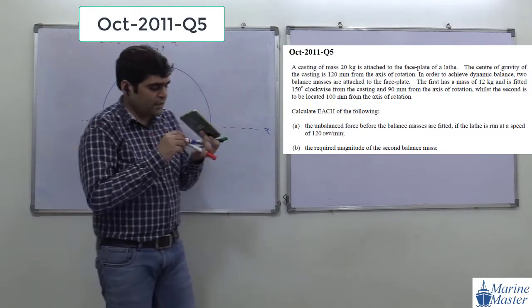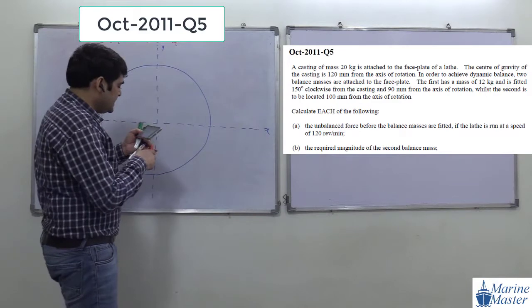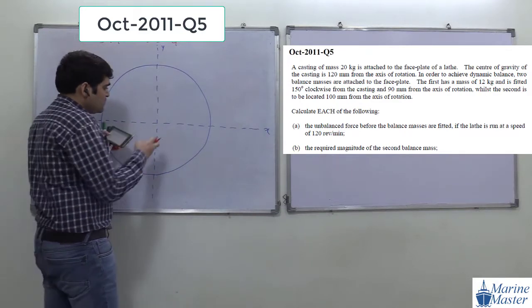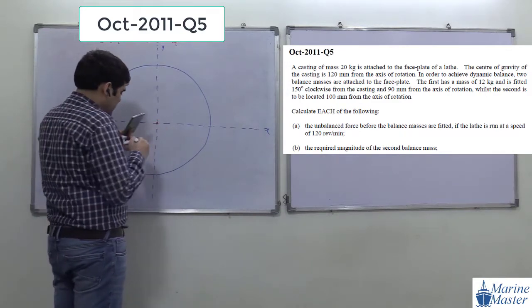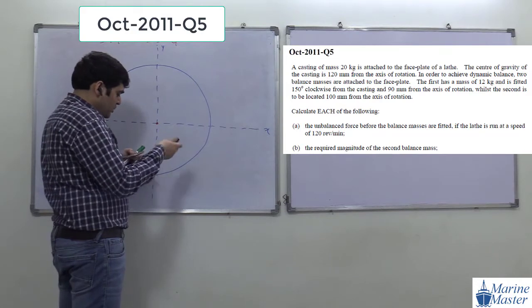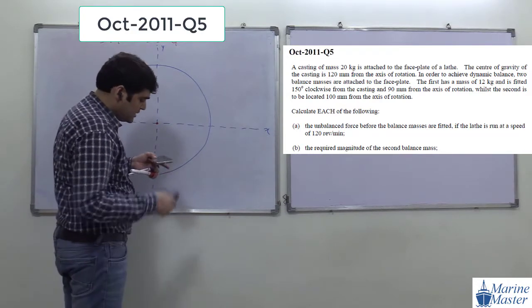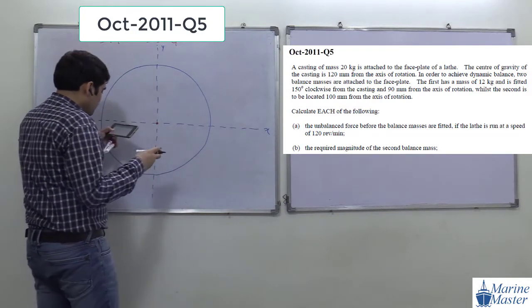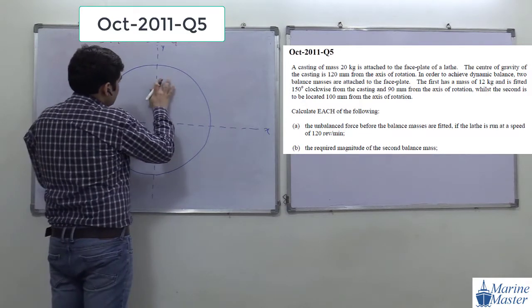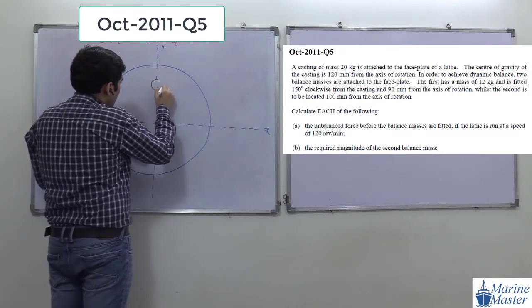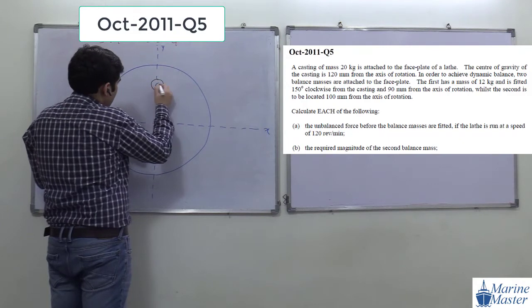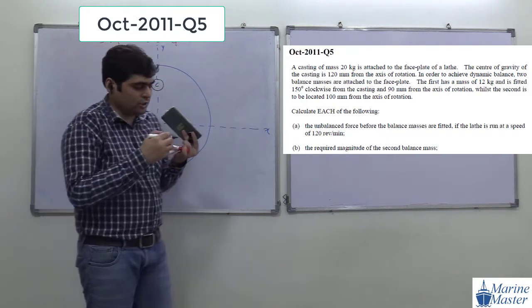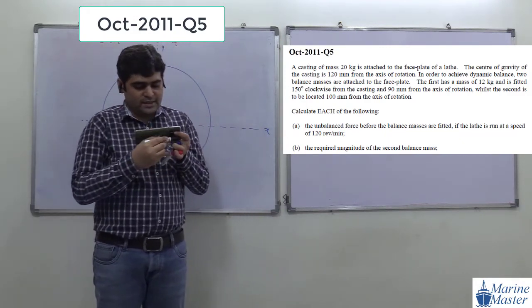Means here we have one casting, whose radius is how much? Means from the center of rotation. This is our center of rotation. From the center of rotation, how much is that distance for the casting? So here we will say this is our casting.